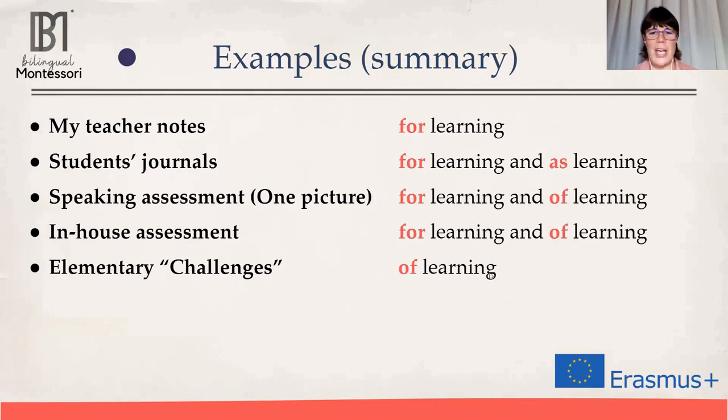At the same time, the challenges are assessment for learning for me as well. It's feedback for me on how the children are progressing, whether I introduced the topic in a coherent way.